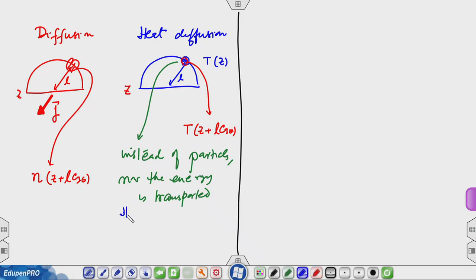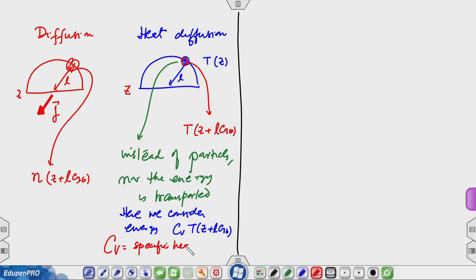Here we consider energy of particles per unit volume, and that will be CV T z plus L cosine theta, where CV is specific heat per unit volume.